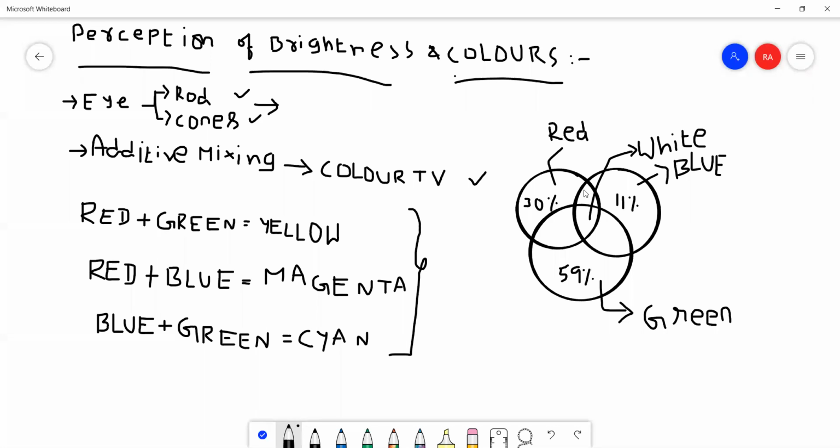So red and blue, that equals magenta here. So magenta is approximately equal to 41.